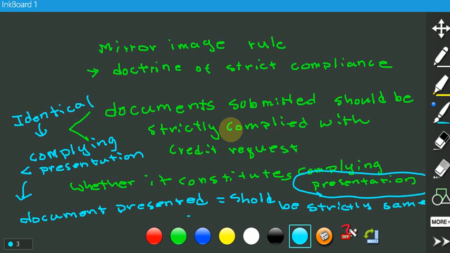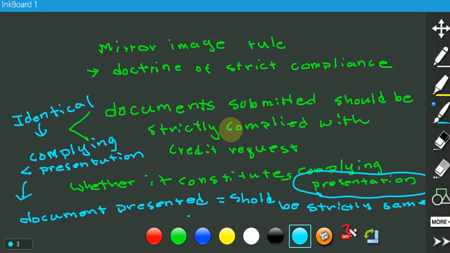The document requested by the credit and the document presented accordingly by the beneficiary should be punctual, identical, the same. That is the doctrine of strict compliance, in other words, the mirror image rule.